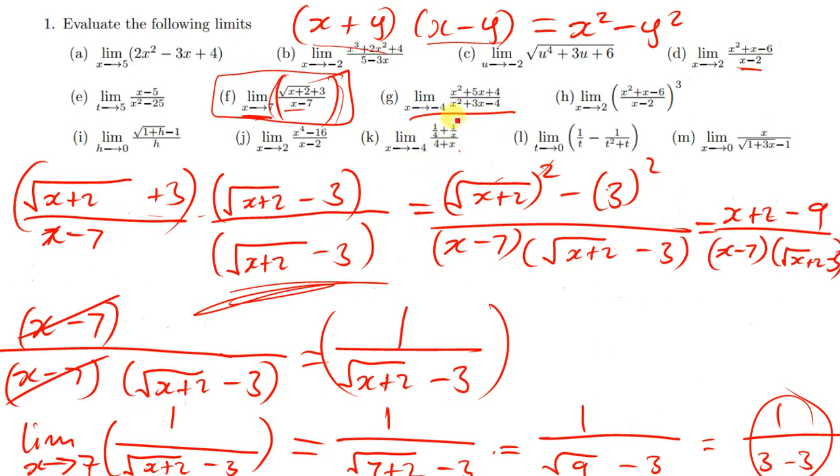So for this one, let's try to replace a negative 4 with this x there. So when you replace negative 4 in the denominator, you find that 4 squared, that will give you 16. 16 minus 12 will give you 4. 4 minus 4, that will be a 0.